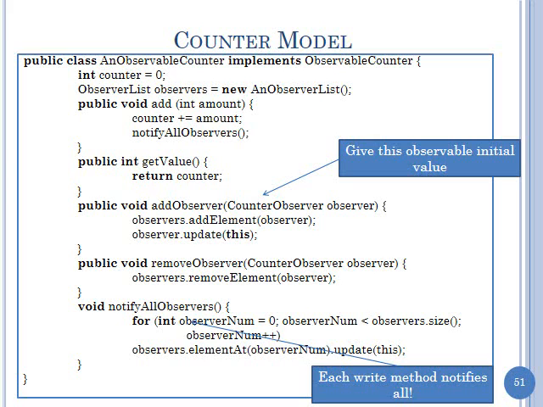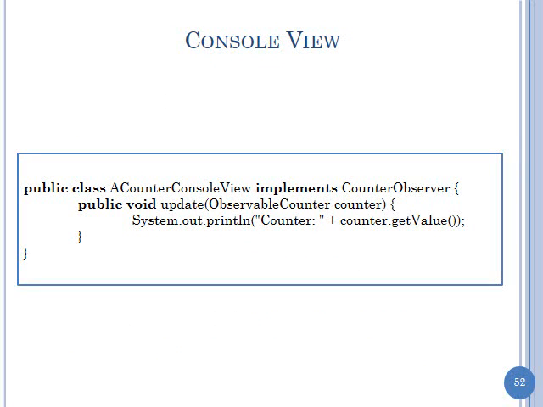Here we are giving the observable the initial value, not the changes, but the initial value, so that it can update. And we see here my counter console view just has one method, update, for initial and subsequent values. What it does is says, here is the counter value. So when it first becomes an observer, its update puts that value in, and subsequently every time an add method is called, it goes in and displays that.